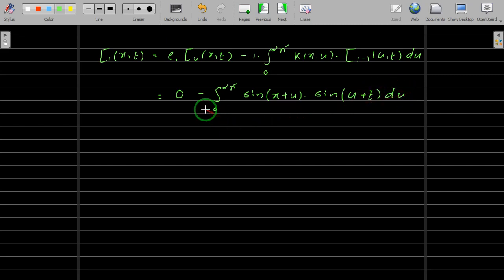Now use your techniques of integration, formulas which you have. When you evaluate this, you will have minus pi cos of (x minus t). That is your capital C1.